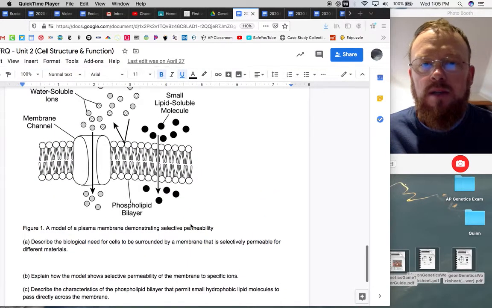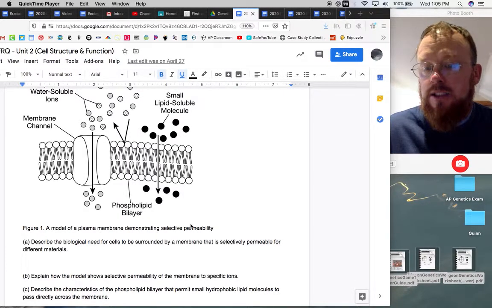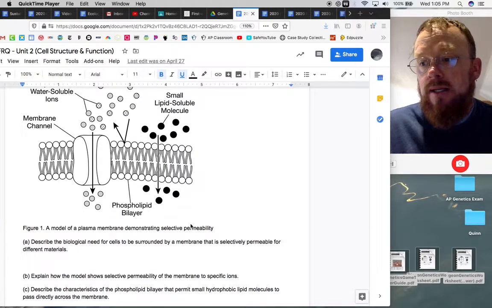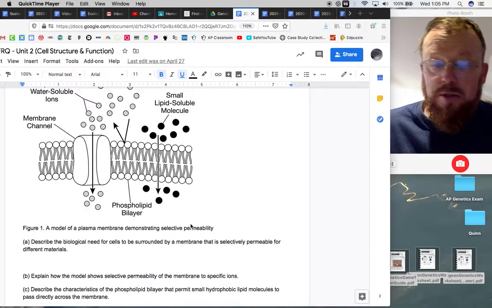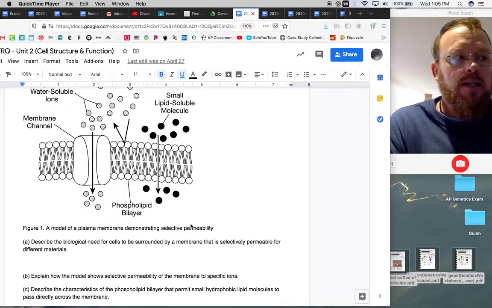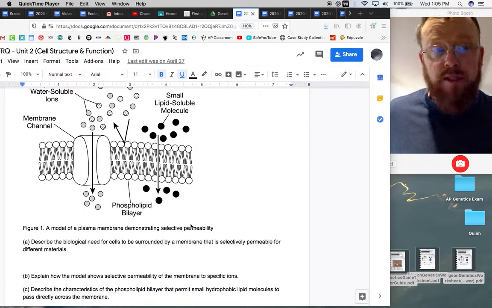different materials. Well, clearly, one need that structure meets is the need to keep an internal environment homeostatic, or you could say keep the conditions inside the cell different from the conditions outside the cell.